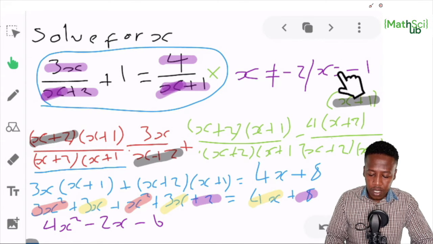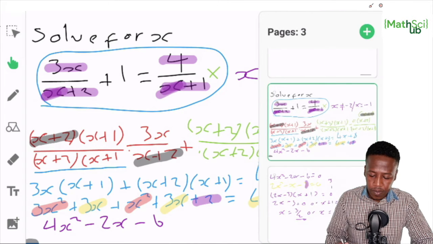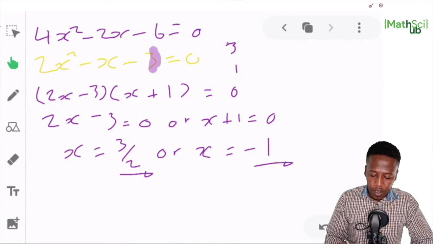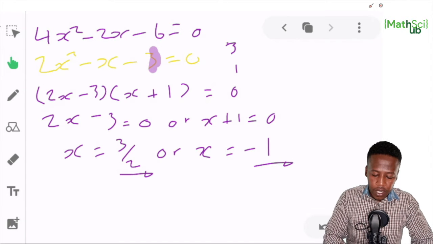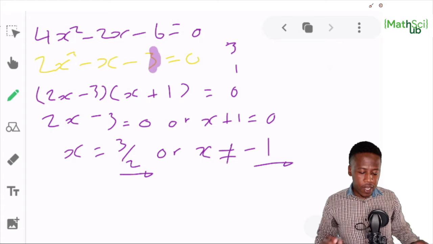Your x mustn't be -1. So we have x as -1, meaning after writing your final answer, you just put a line across your equal sign and say your x should not equal -1. Right.